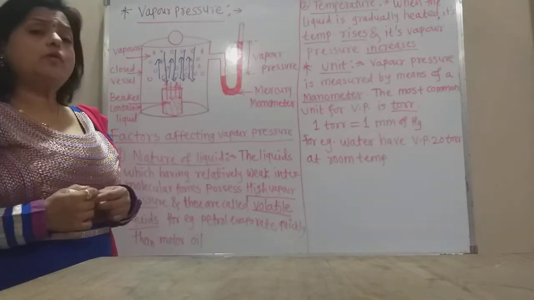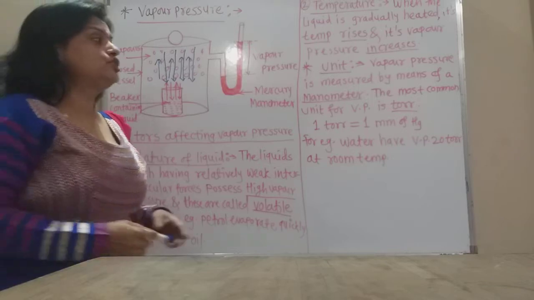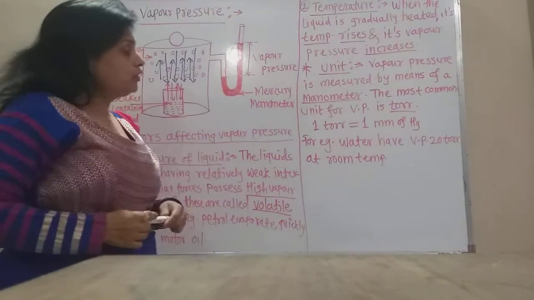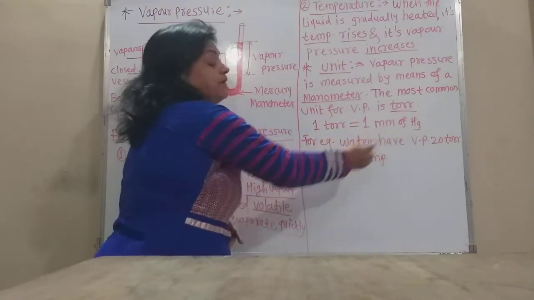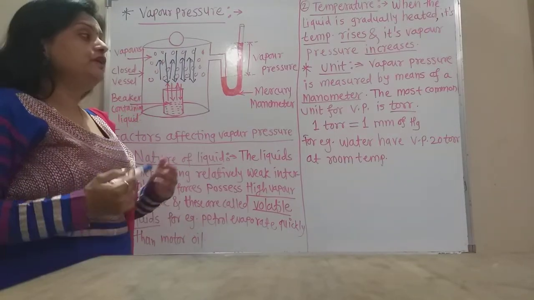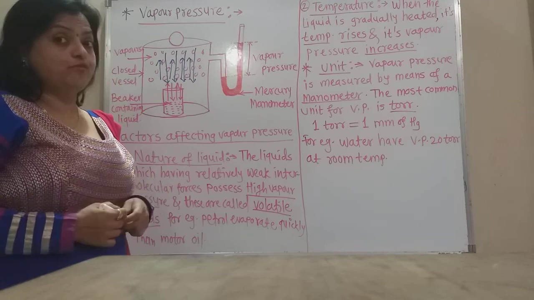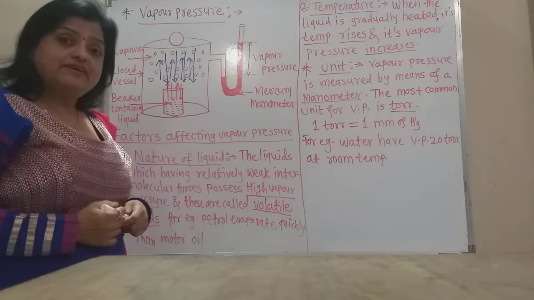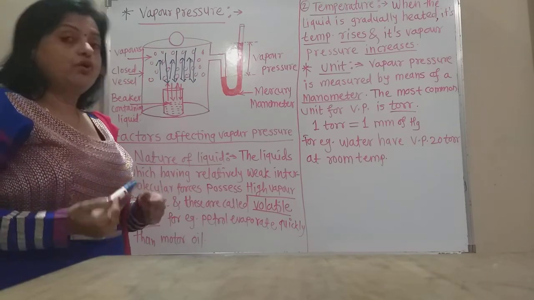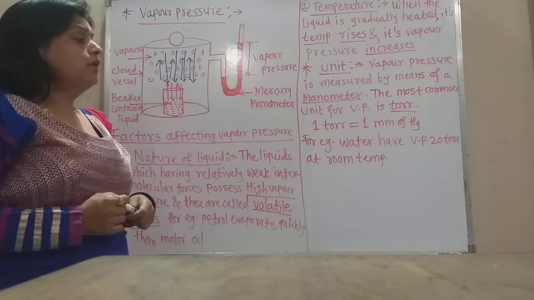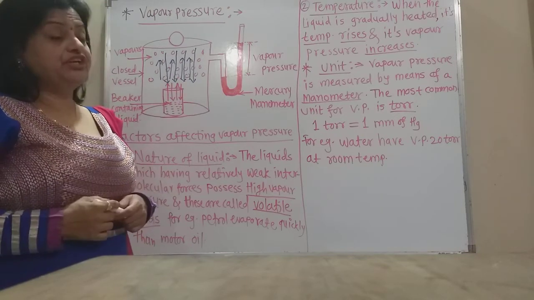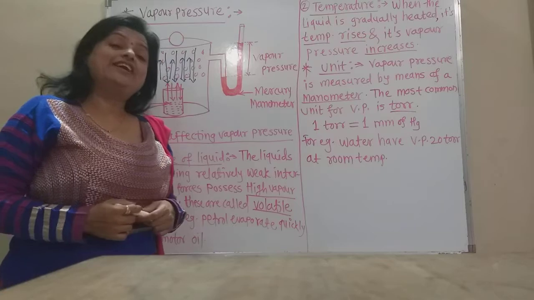The most common unit of vapor pressure is torr. 1 torr is equal to 1 mm of Hg. We know that 760 mm of Hg is equal to 1 atmosphere, and in this way 1 mm of Hg is equal to 1 torr. For example, water has a vapor pressure of nearly 20 torr at room temperature.